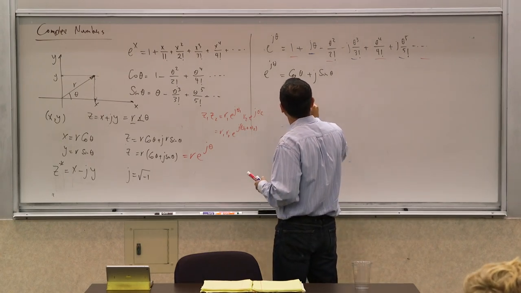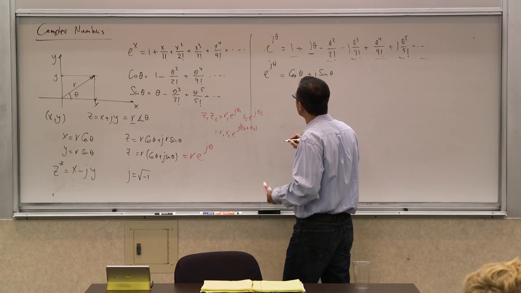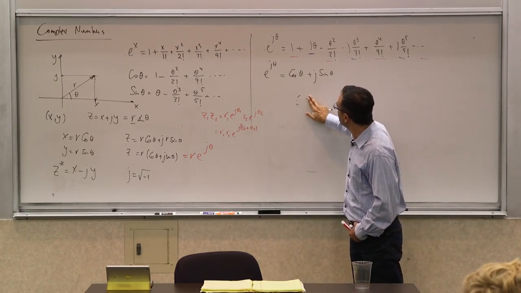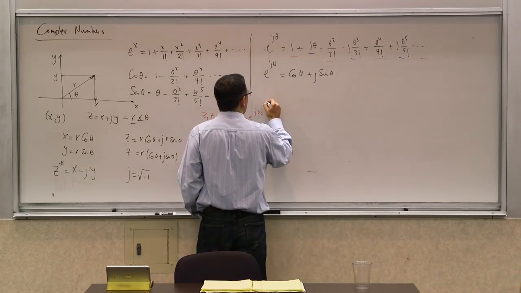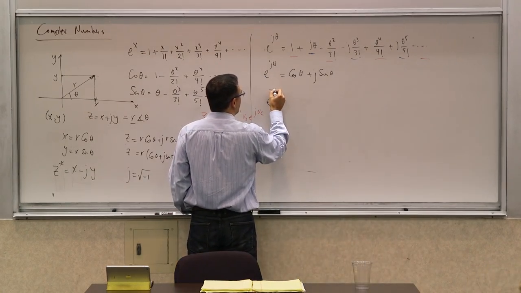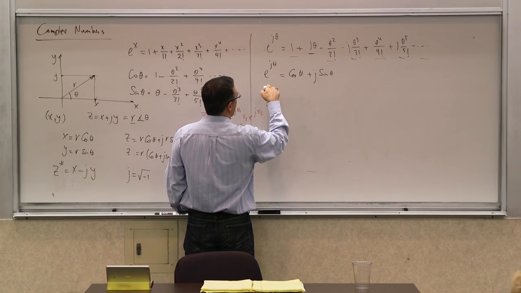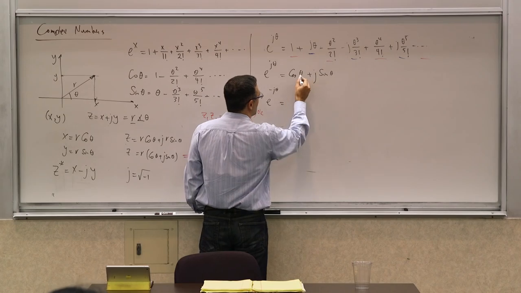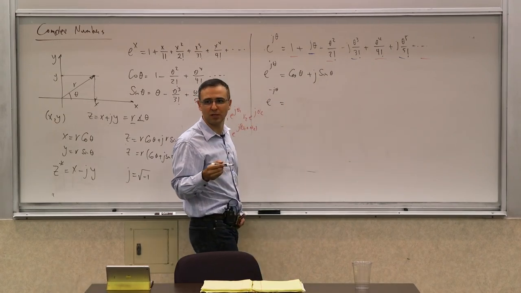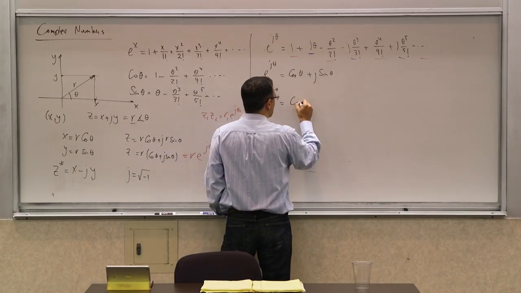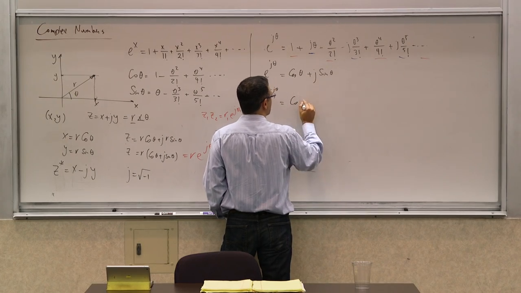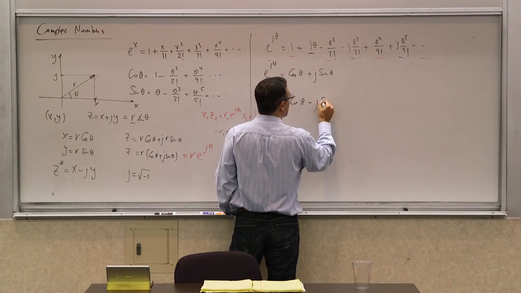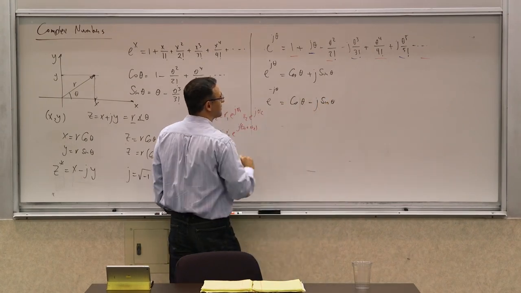But the most useful one, for example, is what cosine and sine are in terms of e to the j theta, right? So if I take this and look at its complex conjugate, the complex conjugate is going to be e to the negative j theta. Basically, I'm looking at this function evaluated for negative theta. Cosine is a symmetric function, so cosine of negative theta is cosine of theta. But sine of negative theta is negative sine of theta. So I have this relationship.